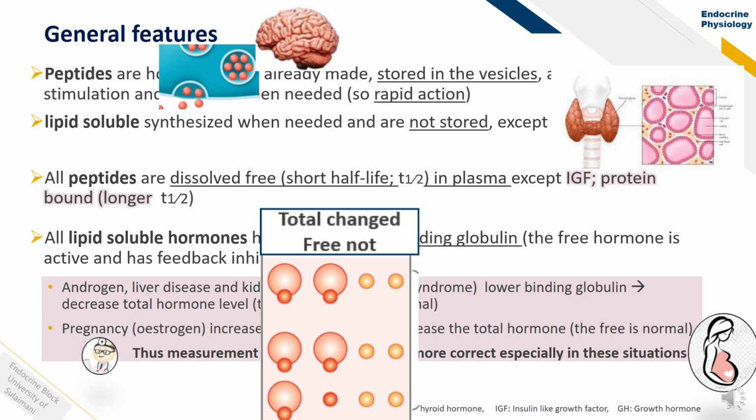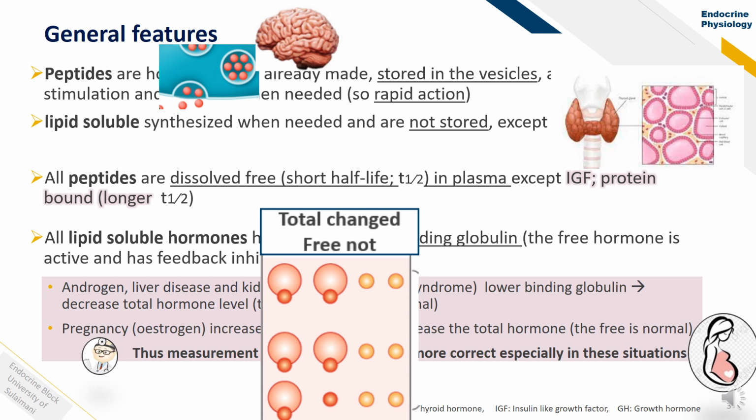So whenever there is a change in the level of plasma protein due to any condition, for example a physiological condition like pregnancy, which increases estrogen and so increases the total protein, the total hormone will increase, not the free one.